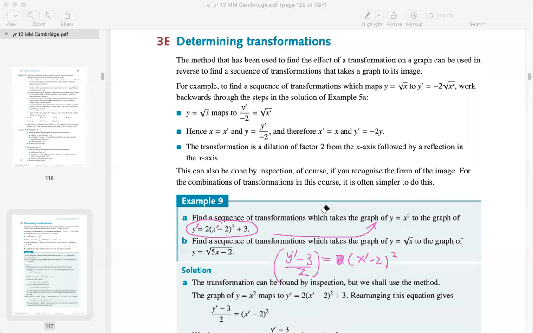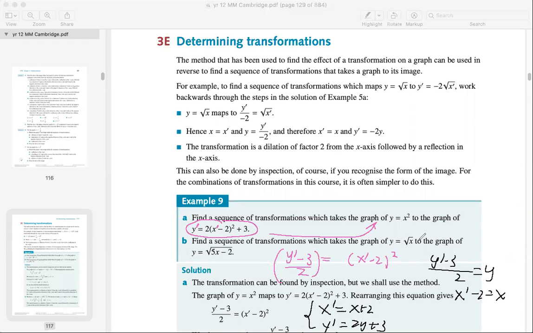Okay, so now these two equations look pretty similar. I just make my (y dash minus 3) over 2 equal my y, and my x dash minus 2 equal my x. So by doing this, I got my x dash equals x plus 2, and my y dash equals 2y plus 3.